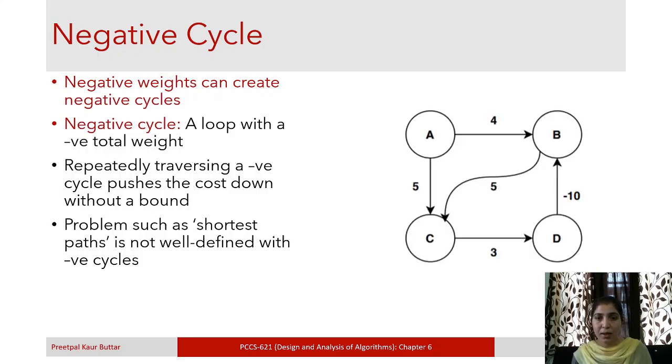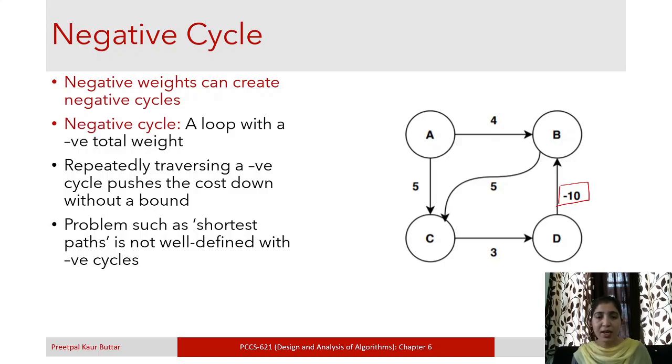So let us look at this graph. This graph has four nodes A, B, C and D, and there are some edges. All the edges except this one have positive weights. This one has a negative weight, so this graph has an edge with a negative weight.